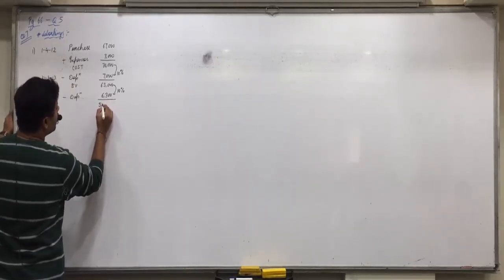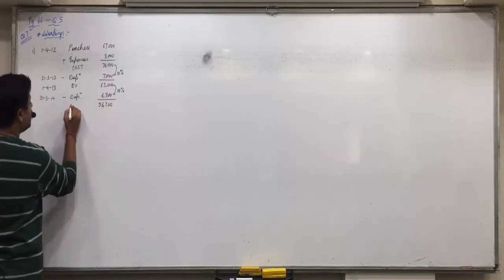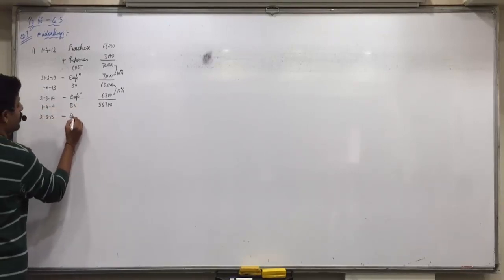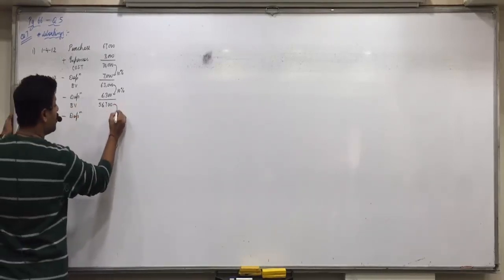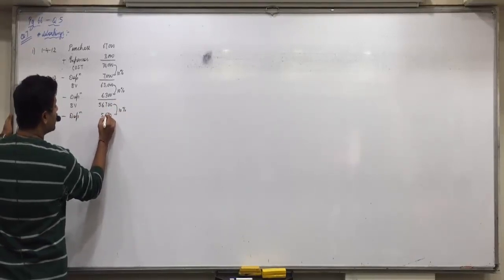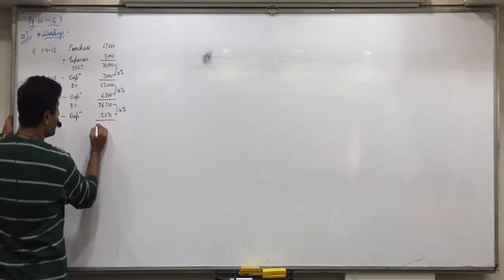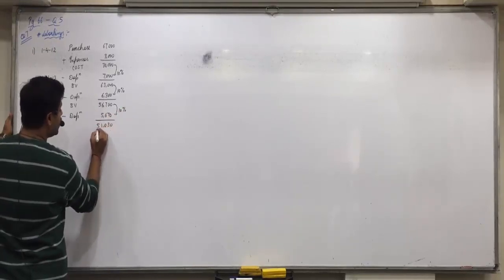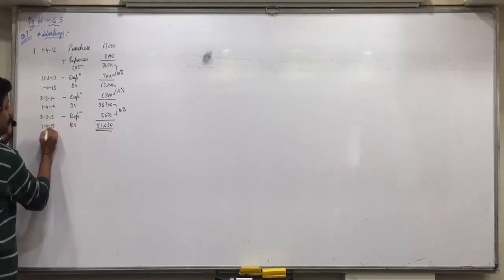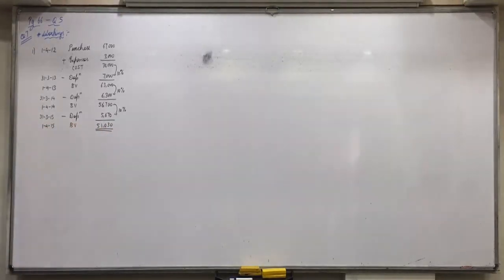So 56,700 will be the book value on 1/4/14. 2 years are done, 1 more year. 31/3/15 minus depreciation now. 56,700 into 10%, 5,670. 51,030 will be the book value on 1/4/15. Did you understand this single machine?